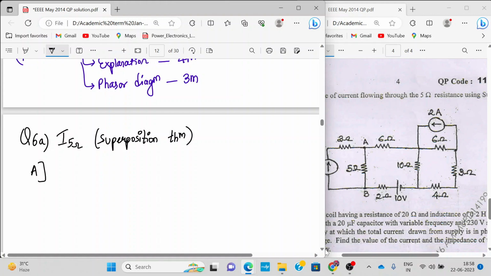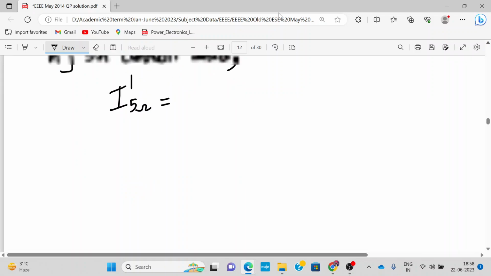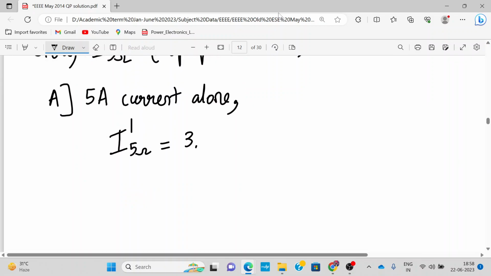Case number one, when you consider the 5 ampere current source alone, the current through the 5 ohm resistance, I dash, will be 3.66 ampere and the direction is down.